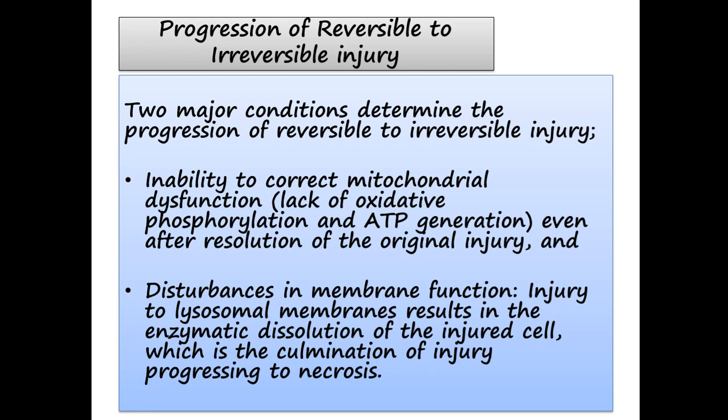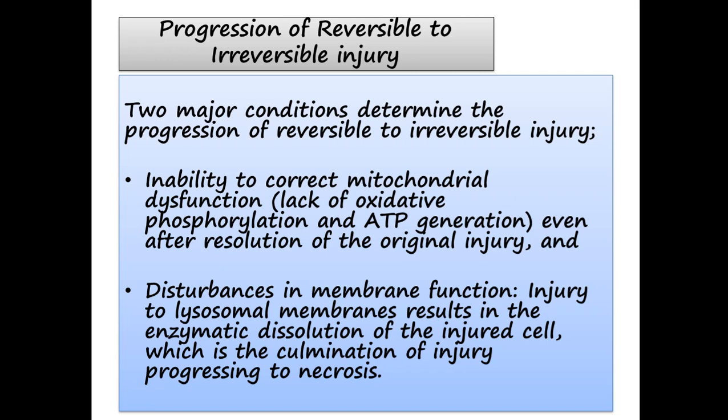So one thing is the damage to the mitochondria, and the second thing is damage to the cell plasma membranes and lysosomal membranes. The hydrolytic enzymes are contained within the lysosomes, and when the lysosomal membranes are damaged they rupture, and the hydrolytic enzymes, proteases, endonucleases, hydrolases, are released and cause dissolution of the cell organelles.